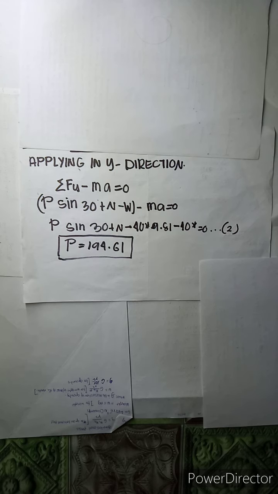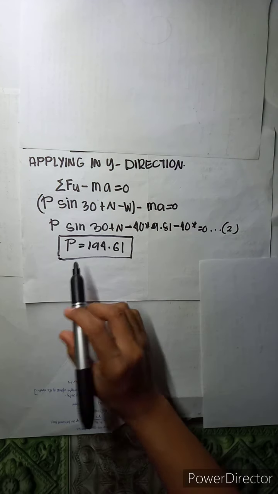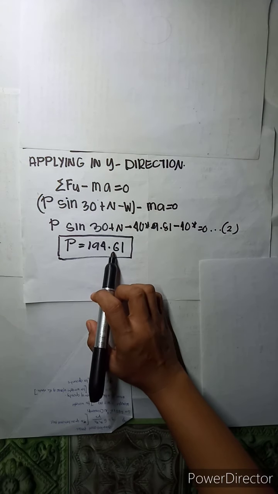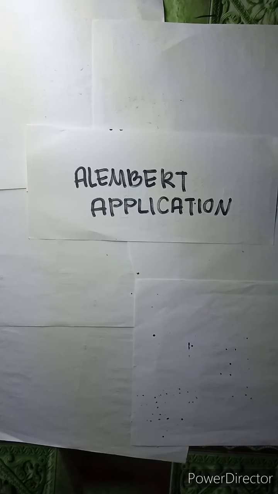On solving equations 1 and 2 simultaneously, we get the value of force P, and force P is equal to 194.61. So what is the application of D'Alembert's principle? Even in the course of fundamentals of kinematics of machines, this principle helps in analyzing the forces that act on a link of a mechanism when it is in motion.